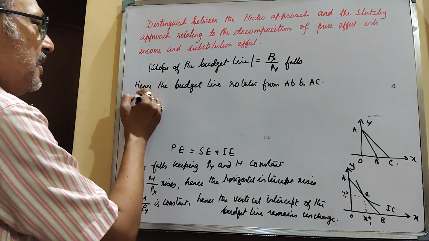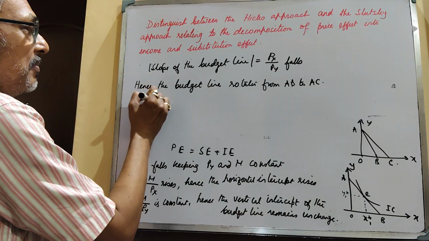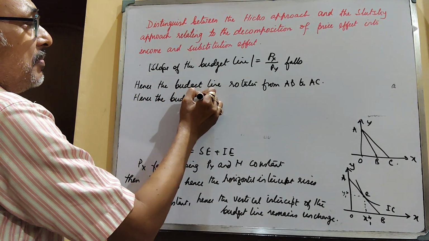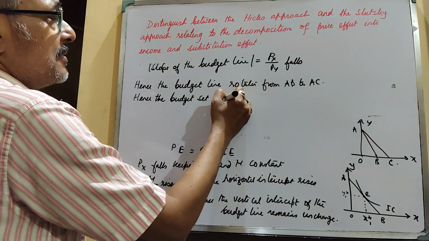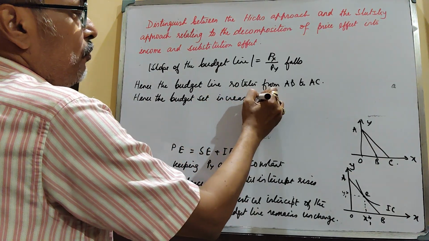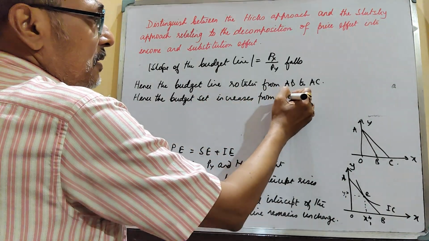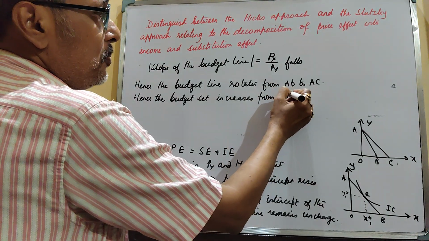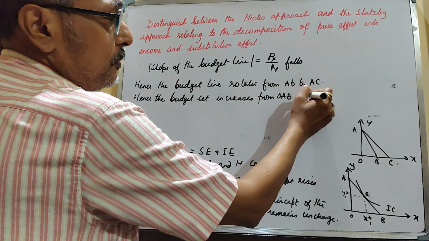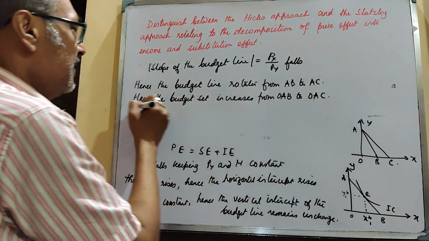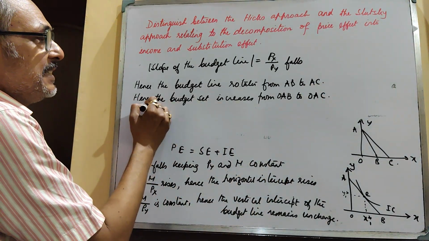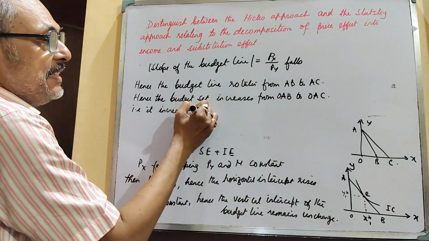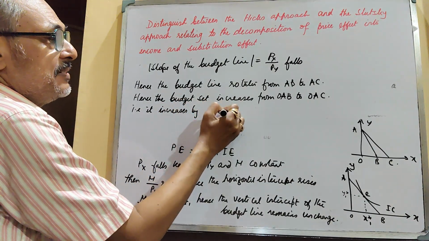Hence, the budget set increases from AOB to AOC, that is, it increases by ABC.